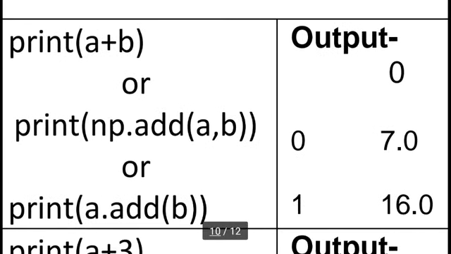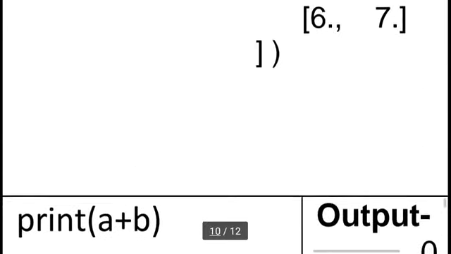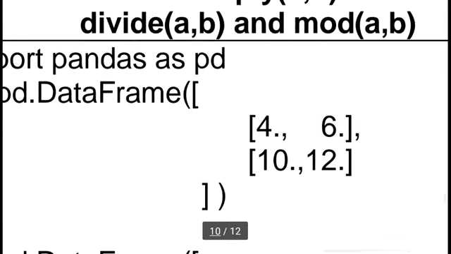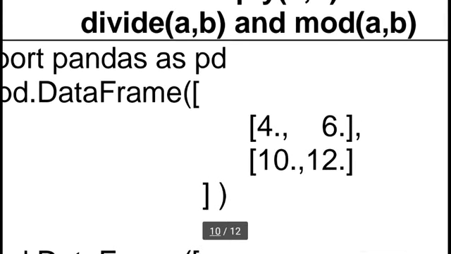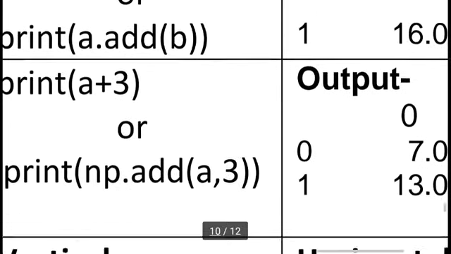Suppose I want to perform a vector operation or a scalar operation. Here I am writing a + 3. So you can see in the data frame all values, 4 plus 3, 6 plus 3, 10 plus 3 and 12 plus 3, are added by 3.